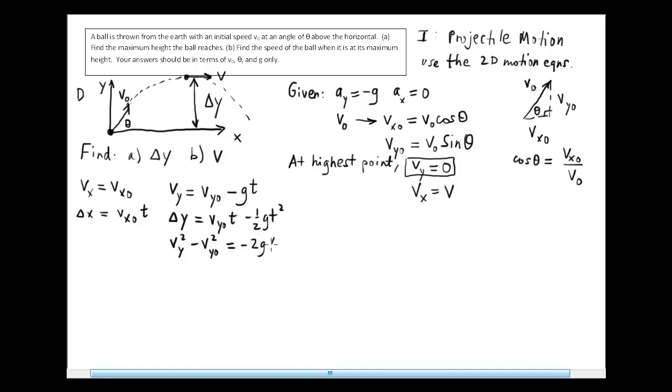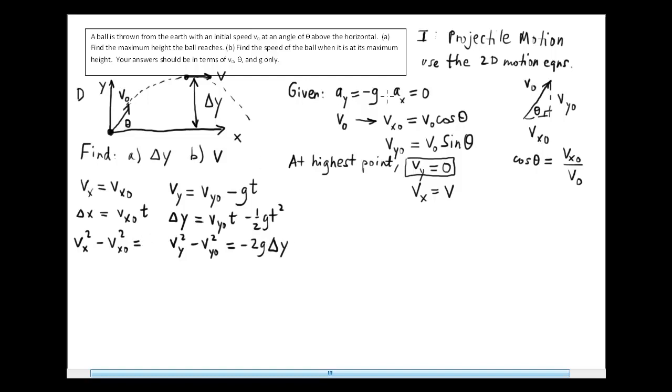2g delta y. You might think, well, wait a minute, why didn't you write one of those down for the x direction? And if I do, I'll show you why I didn't do it. If I do, it would be Vx squared minus Vx0 squared equals, and on the right-hand side is the term involving the acceleration in that direction.